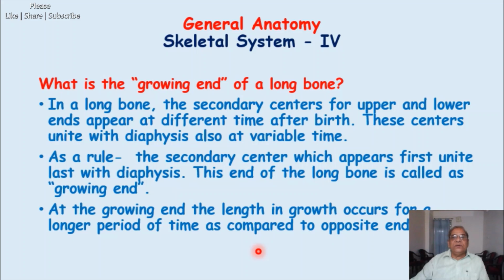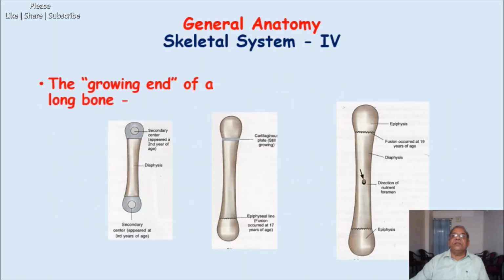If you have not followed, I am sure you will follow this fact and the rule of appearance in the next slide, where I will show you on the basis of an illustration. So moving to the next slide.